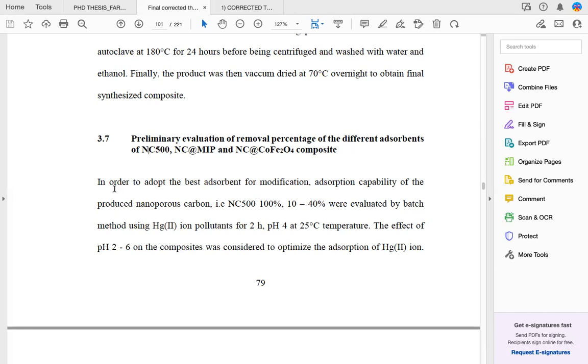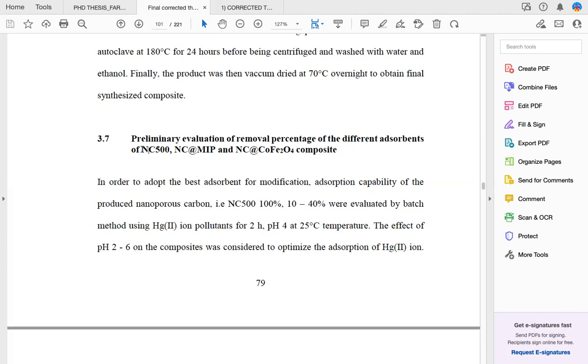But it has to be explained before you put it here. So this is not the name of a chemical, but the name of the material that you prepare and you name it yourself. And you have to make it clear, make it in table form, the meaning of NC 500, NC MIP. This is something common, but sometimes people don't do that and it makes the reader irritated.